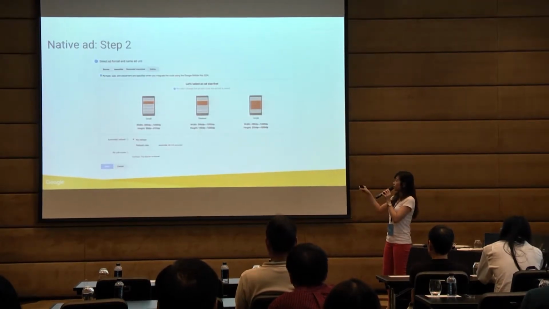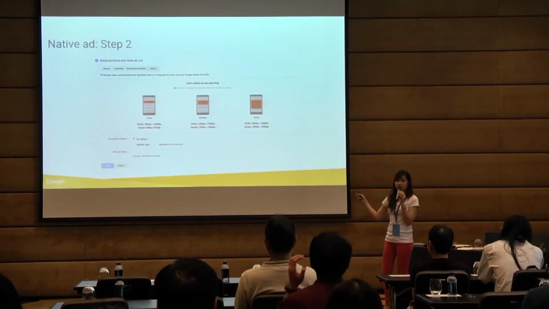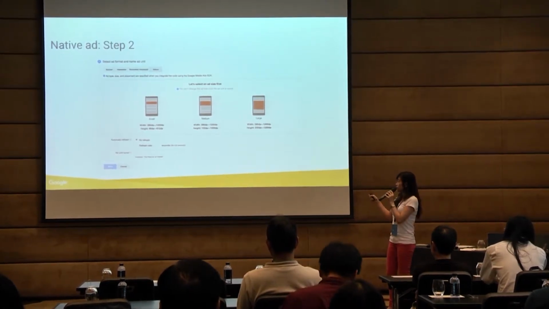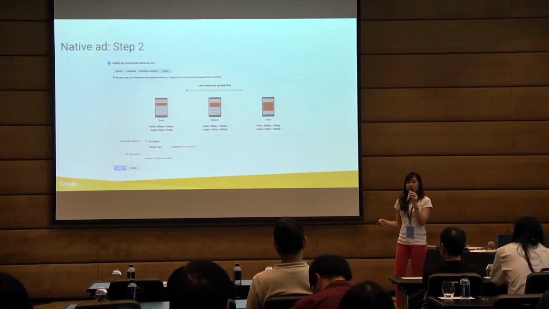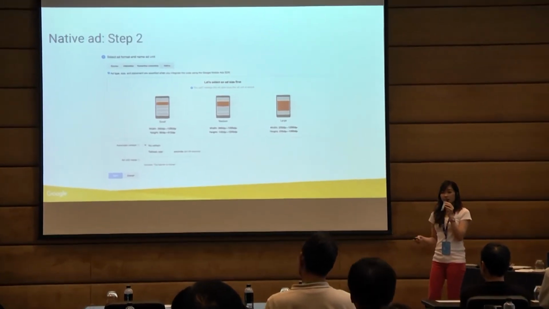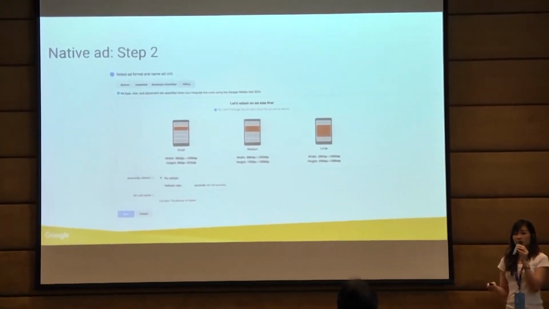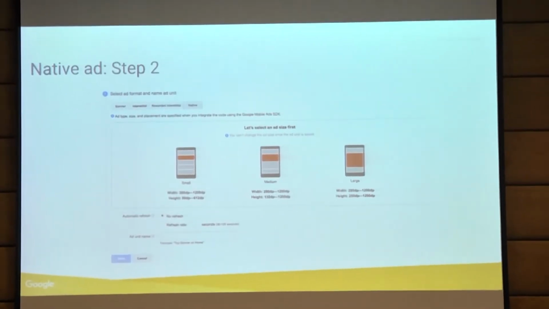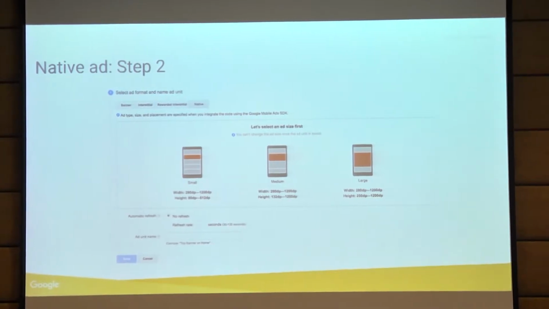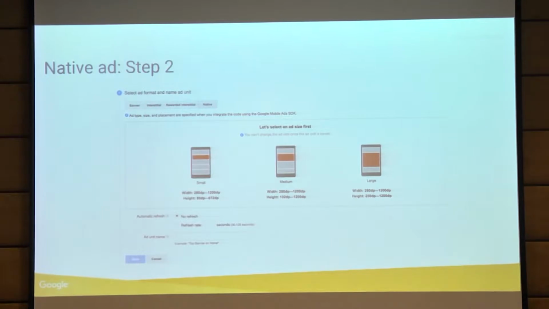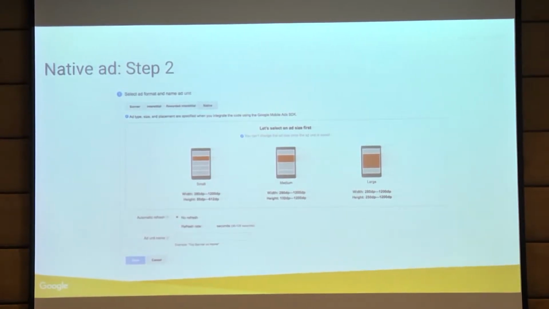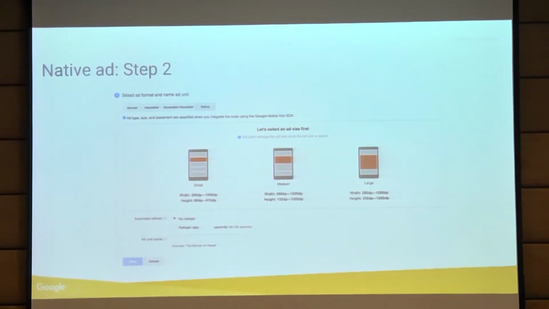There are 3 sizes that you can choose for native ads: small, medium, and large. For native ads, the performance really depends on the design and how it suits your app. If you choose the larger size, it doesn't mean that it will give you a better RPM, because it depends on how many users will click the ads and what the user experience is for your users as well.